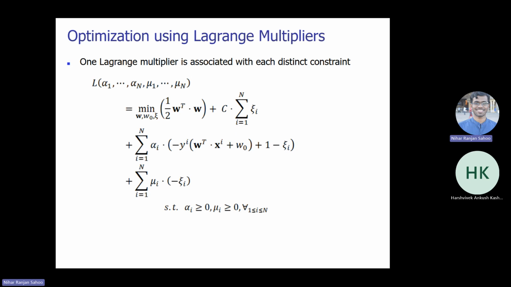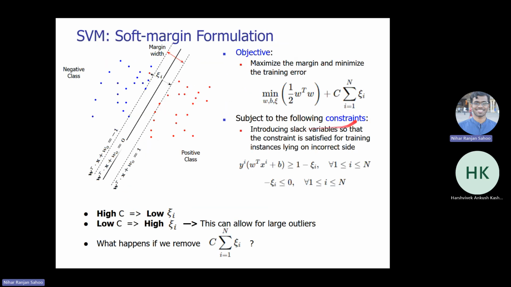In the slides it is alpha I and mu I. These are called the Lagrangian variables. This is from some source, so they have put constraints on mu I, but this is not necessary. The only necessary constraint for us is alpha I to be positive, so that the optimized solution for this will give us the optimized solution for this also.